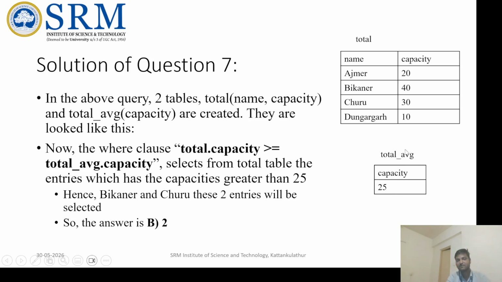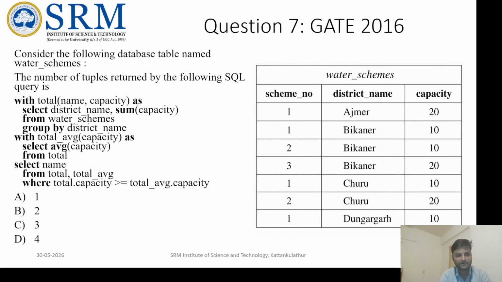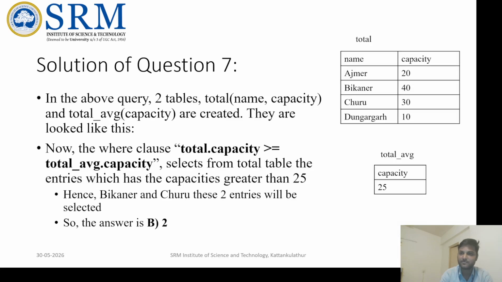Now using these two tables, we have to concentrate on the main query, that is select name from total, total_AVG where total.capacity greater than total_AVG.capacity. Both have the same attribute, capacity.